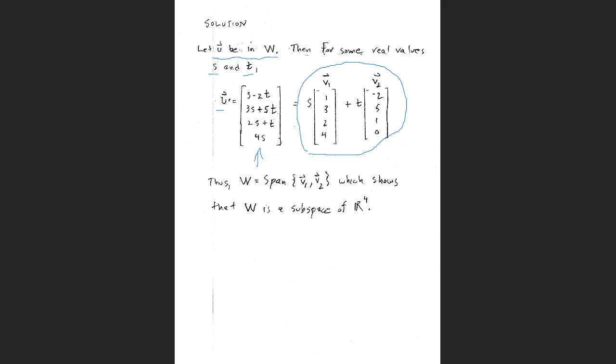What am I showing? That the vector u that's in space W can be written as a linear combination of vectors v1 and v2. Very good, Binyam. Very good, Matthew. And so W is equivalent to the span of those vectors v1 and v2, and that shows that W is a subspace of R4.